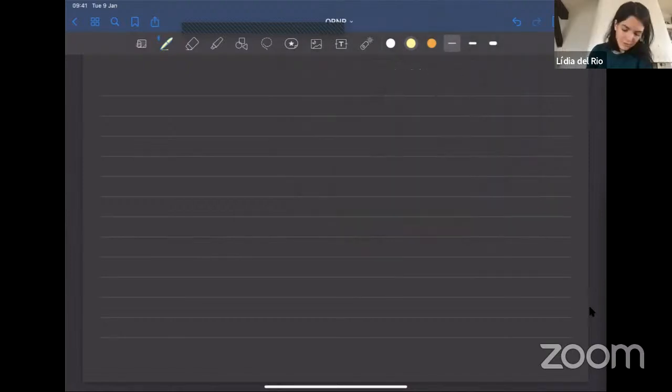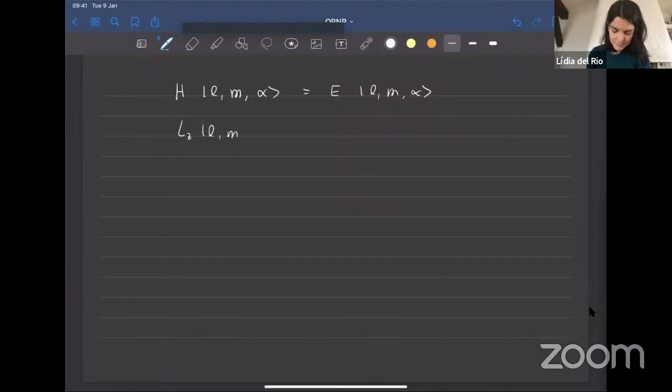So we have H, Lm, and let me put here already this alpha, this degeneracy that we didn't know before, equals E Lm alpha. And then we have the other 2, right? We have Lz Lm alpha. And the energy is allowed to depend on this alpha now, right?